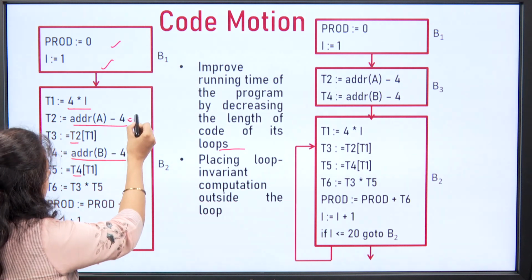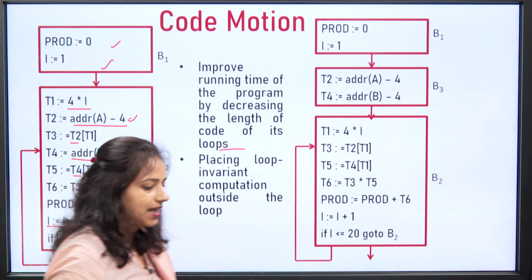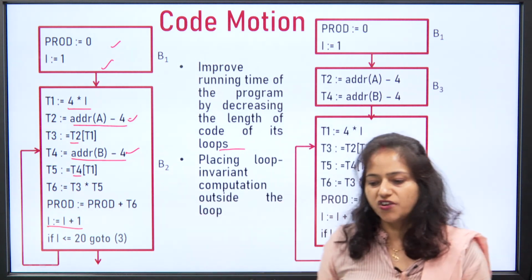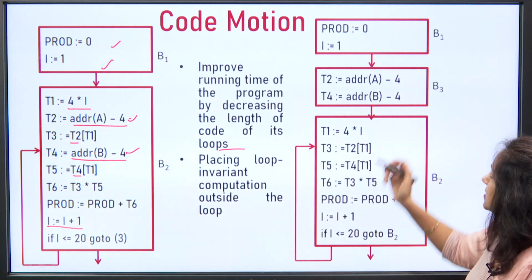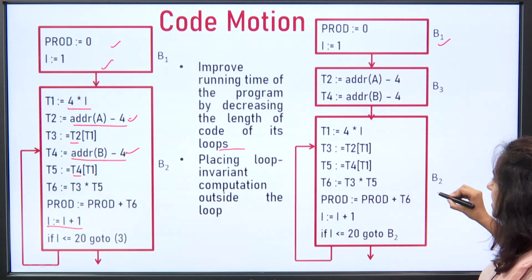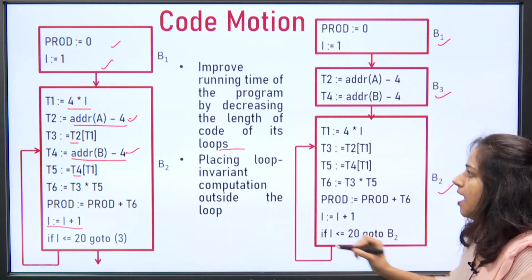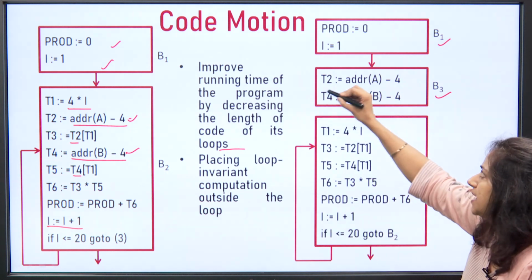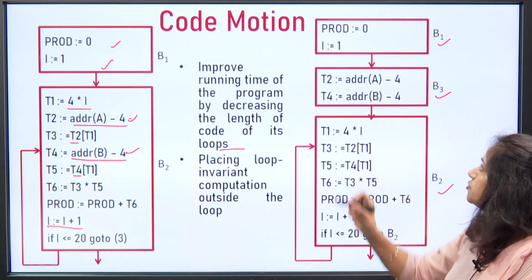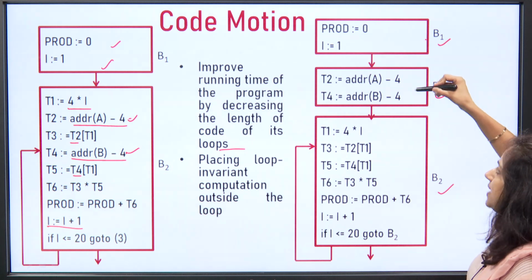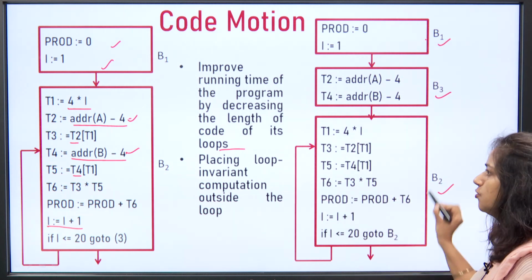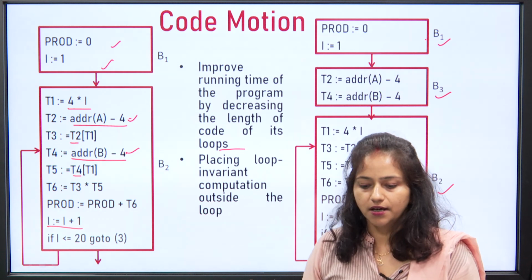So, these are the two statements that are static in nature, meaning they can be moved outside the loop. This is B1, this is B2, and we will create another block, B3, and these two statements will be kept outside the loop. So, first we will execute B1, then B2, and then this loop section. So, this is about code motion.